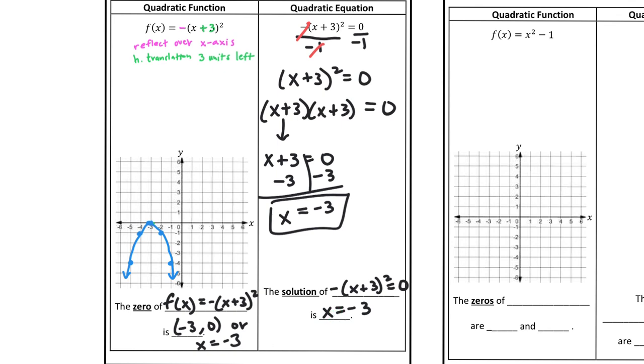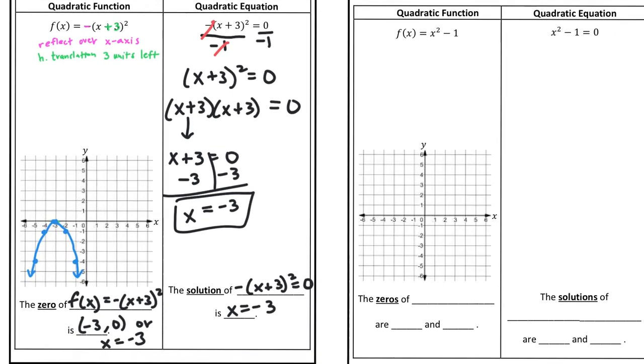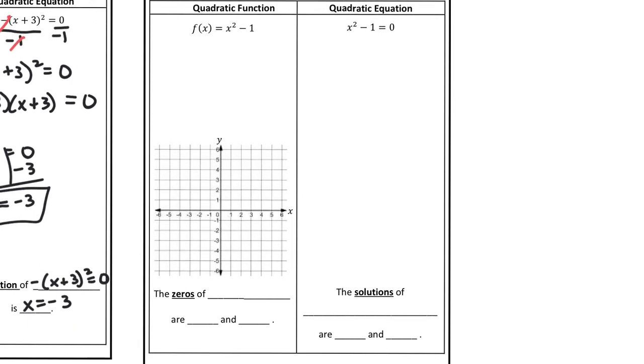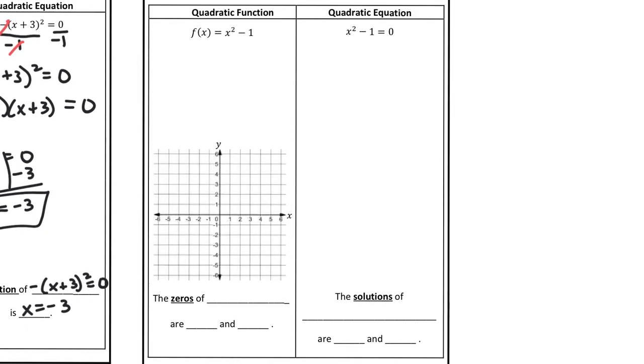So let's try that one more time with example 10. All right. So in example 10, all we're doing is we have a transformation of -1. So that means we have a vertical translation 1 unit down.